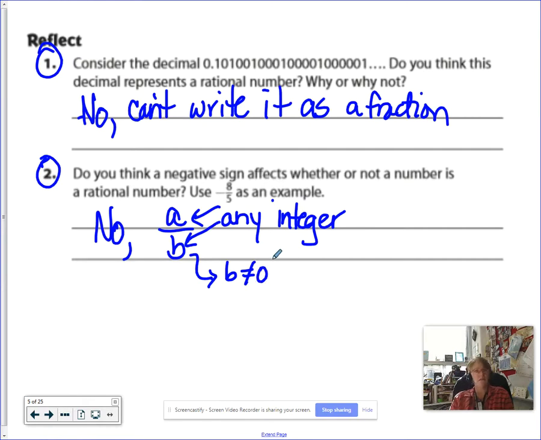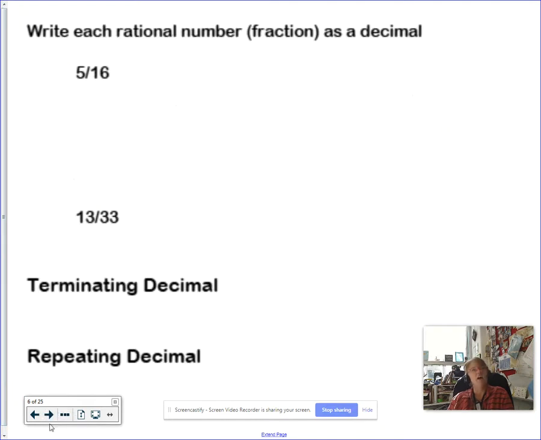But other than that, something like -8/5, gosh, -8/5, you could divide that out and get -1 6/10. Okay, that's rational because I can write it in a fractional format, whether it's mixed number, improper, whatever. Okay? All right, now go ahead, pause the video, and go to town on these two with some long division so you can turn these into a decimal.